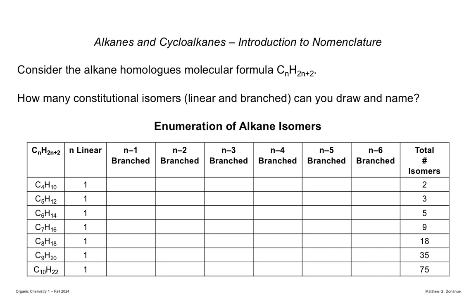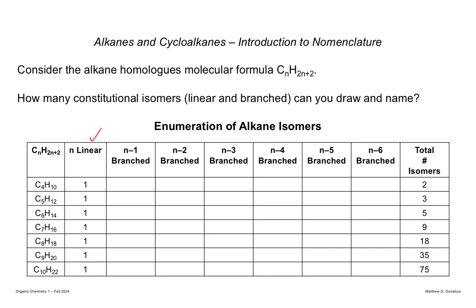So if you want to practice this, this is called the enumeration of alkanes. It basically, in the first column, gives you the molecular formula. The second column, again, there's only ever one linear isomer.